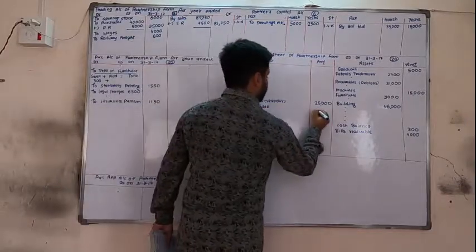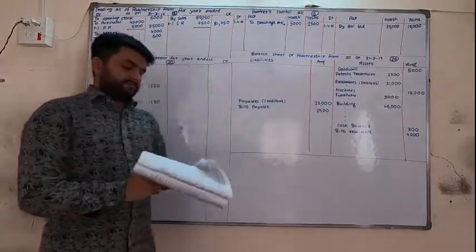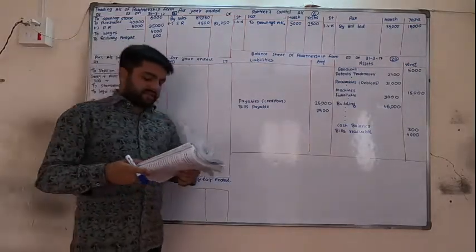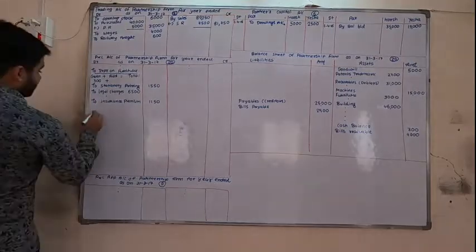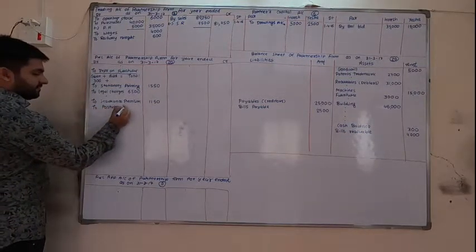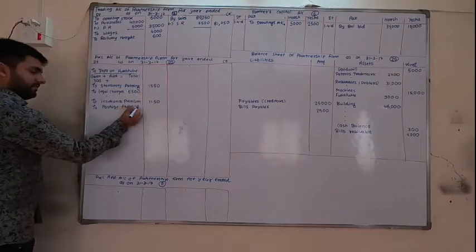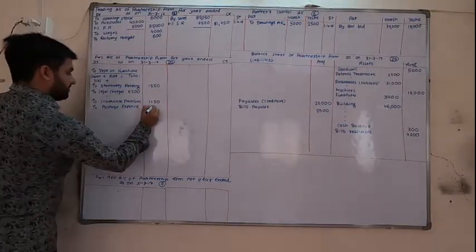In the outer column we are having 2,500. Now next we are having postage expense. So it is our expense, P&L debit. So to postage expense in the outer column 2,000.